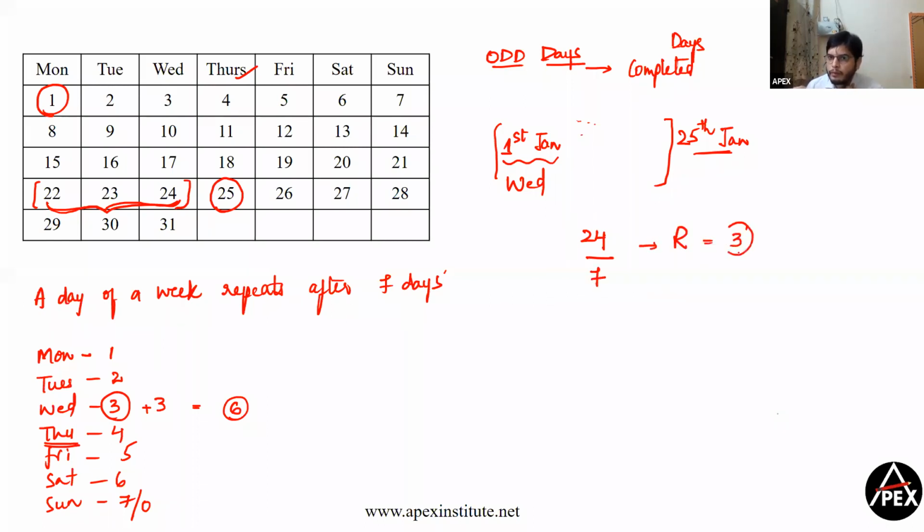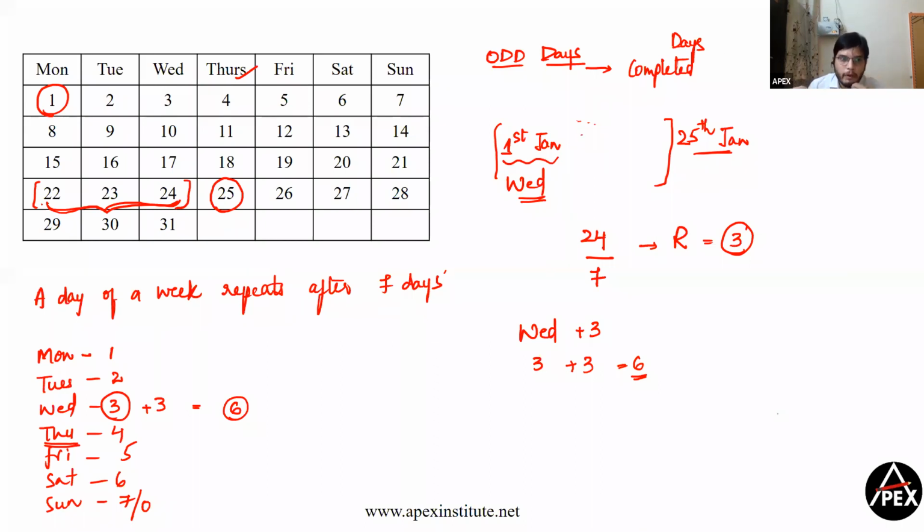Remainder is 3. So add these 3 to the given reference day, Wednesday. The number for Wednesday is 3. So 3 plus 3 is equal to 6, and Saturday corresponds to number 6. Is it clear? I am not considering that 3rd is Wednesday here. 1st Jan is Wednesday, not 3rd.